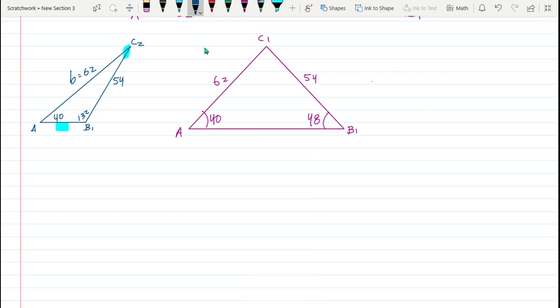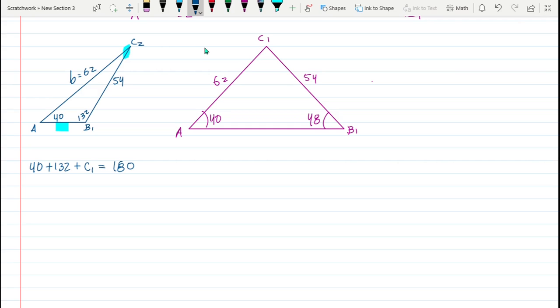So let's go ahead and solve for it. One of the given ratios was 54 over sine of 40. And well, before we even do that, let's solve for the missing angle, right? So we know that 40 plus 132 plus C1 has to equal 180.